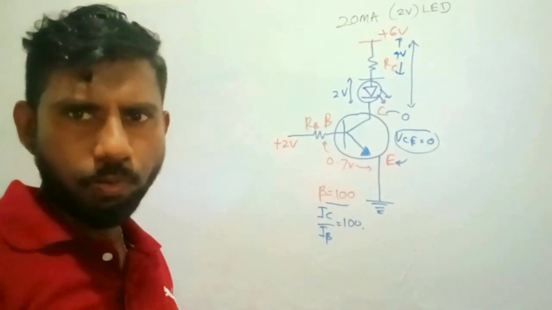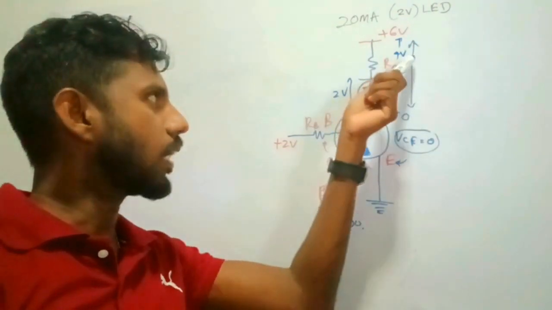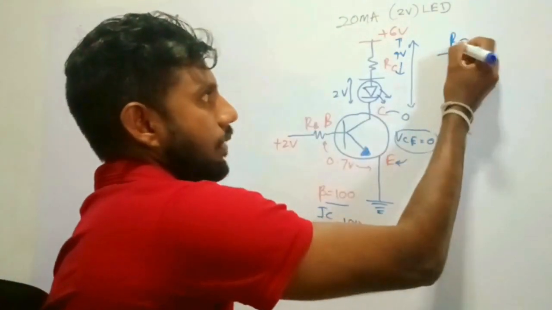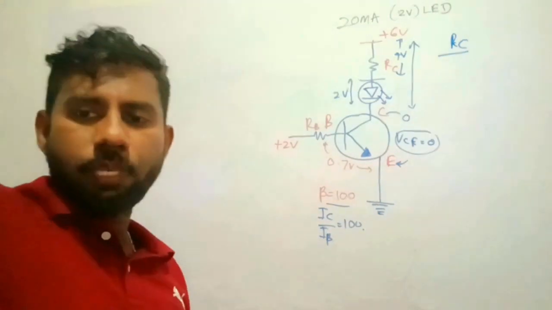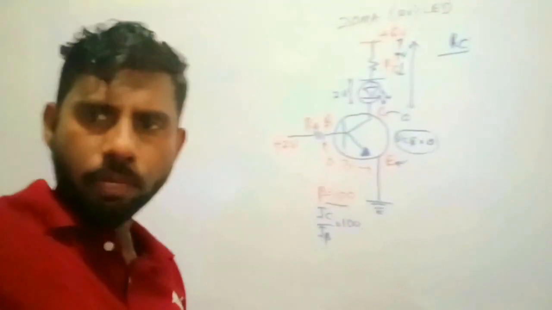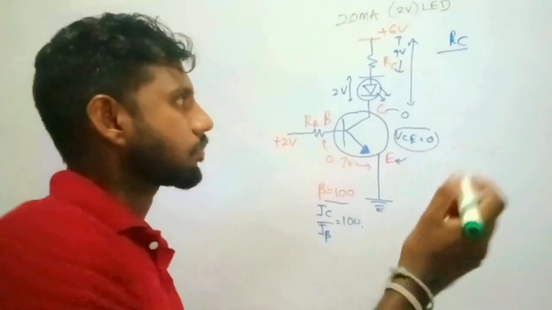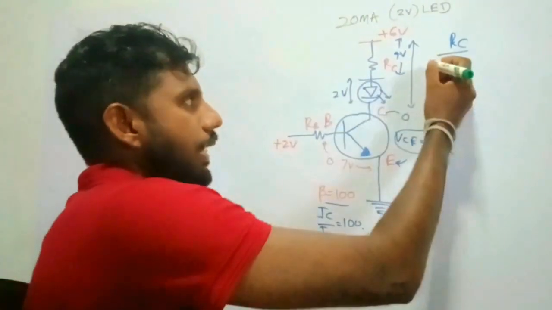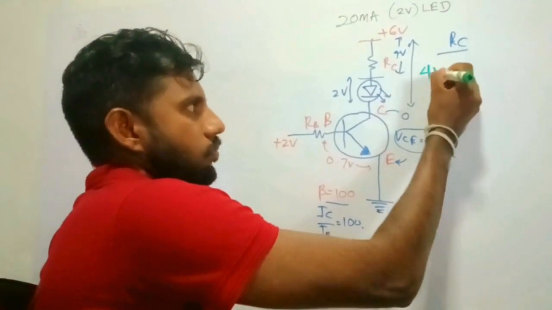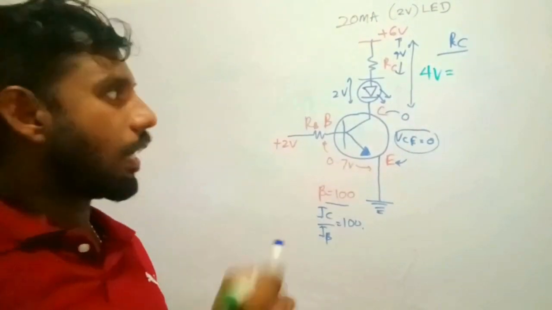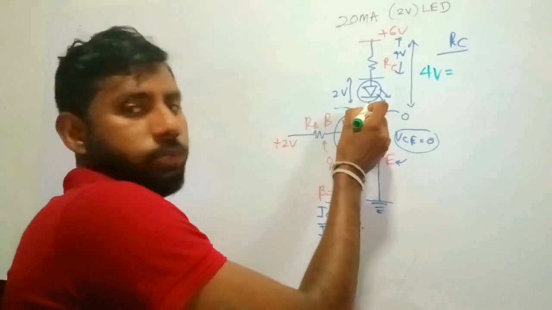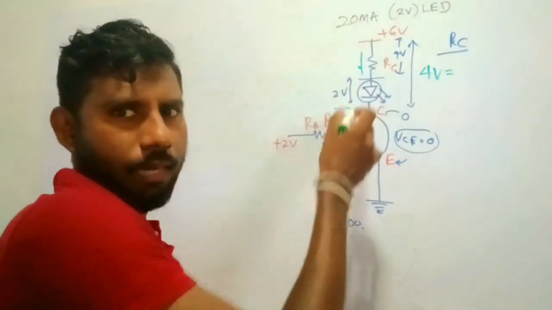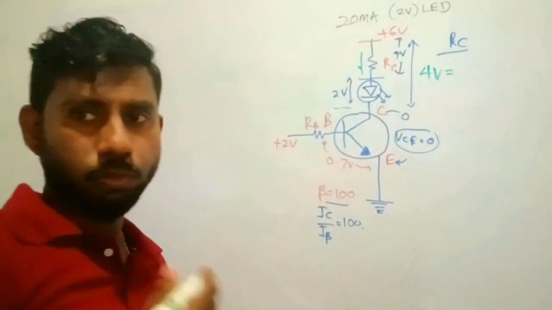So what we have to do is apply V equals IR for the RC resistor. The potential difference across the RC resistor is 4 volt now. And we know the current through the LED, it's in series with RC, so the current will be the same through the LED.